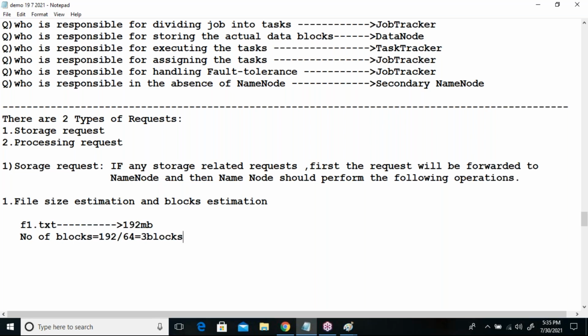Number of blocks equal to 192 by 64, 3 blocks. If 3 blocks, how many slaves required? 3 slaves required. B1, B2, B3 means 3 slaves.